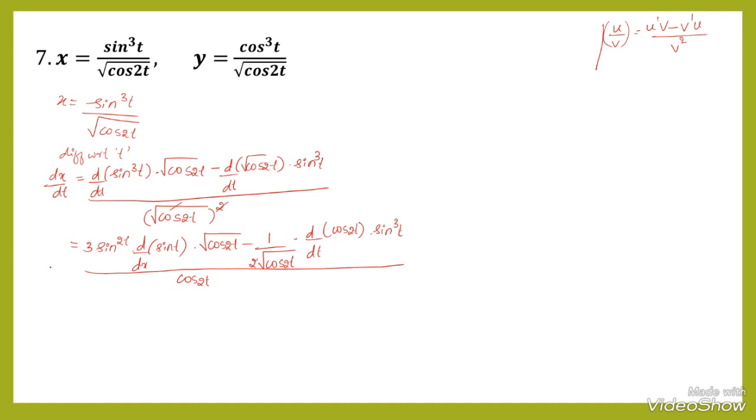Now again, here 3 sin square t into differentiation of sin t becomes cos t, again into root of cos 2t, minus 1 divided by 2 into root of cos 2t, and differentiation of cos 2t becomes minus sin 2t.